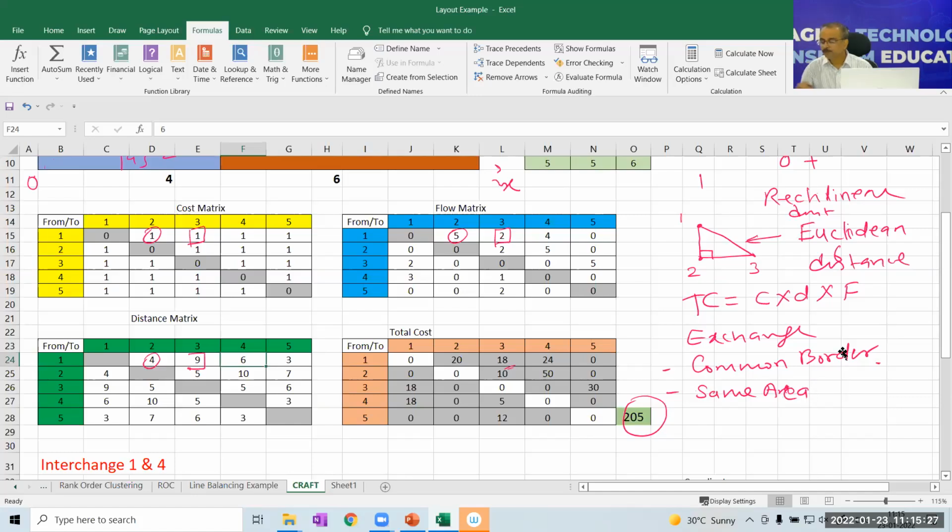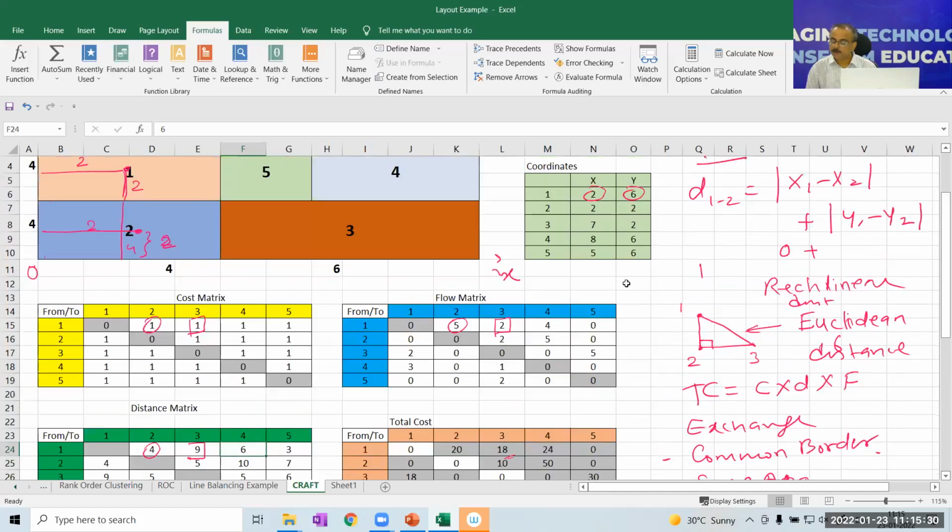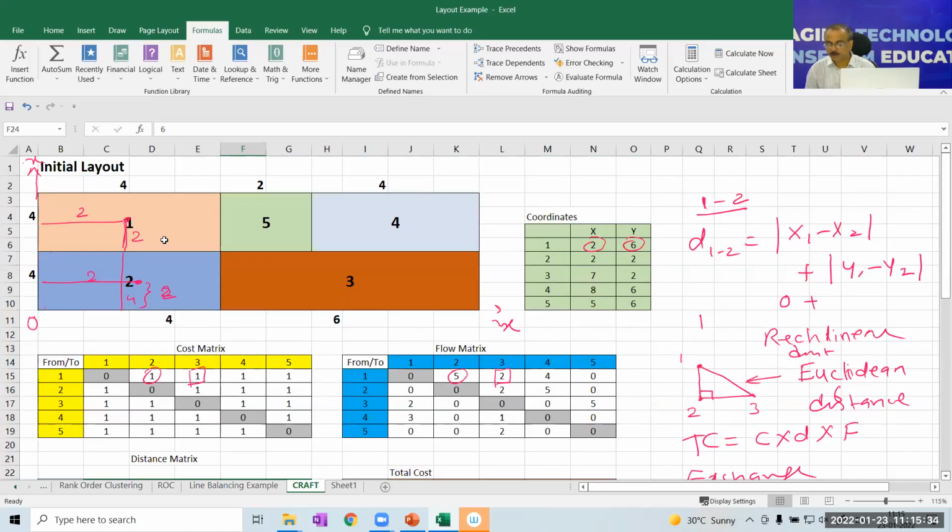For example, in this case, based on these two characteristics, can 1 and 2 be exchanged? Yes, because they have a common border as well as common area.